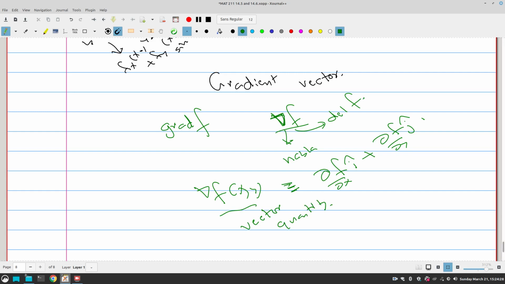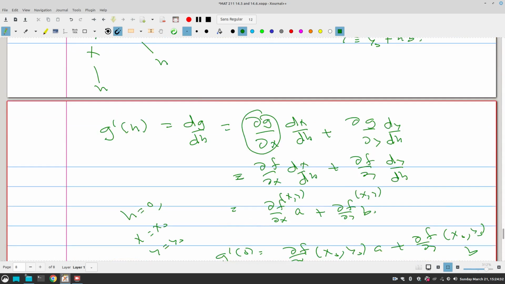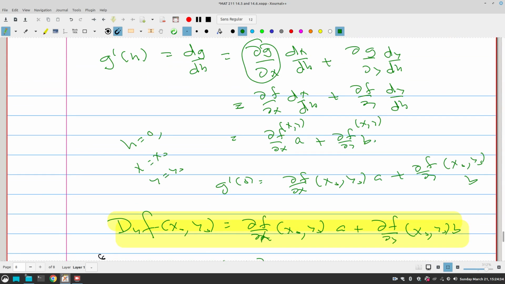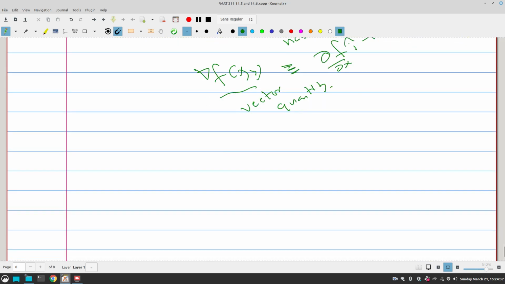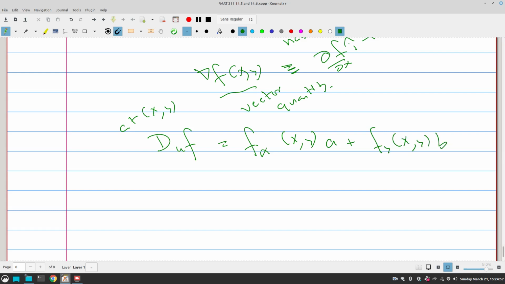The motivation for introducing this notation is that the directional derivative along u was defined as, at (x, y), f_x(x, y) times a plus f_y(x, y) times b.